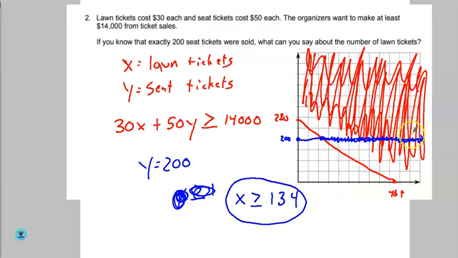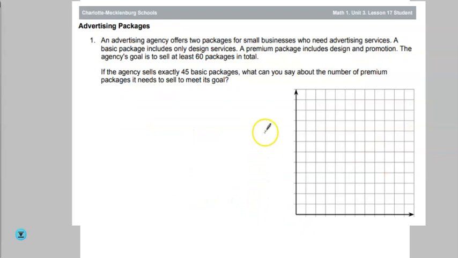All right, and then last one was the advertising package. So an advertising agency offers 2 packages for a small business who need advertising services. A basic includes only design and a premium. The agency goal is to sell 60 packages.